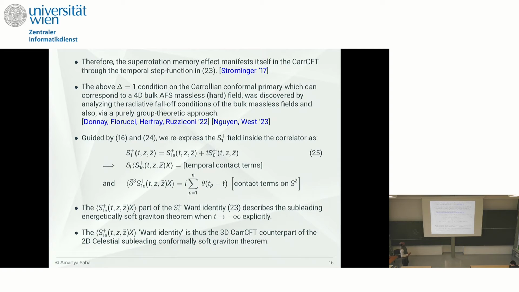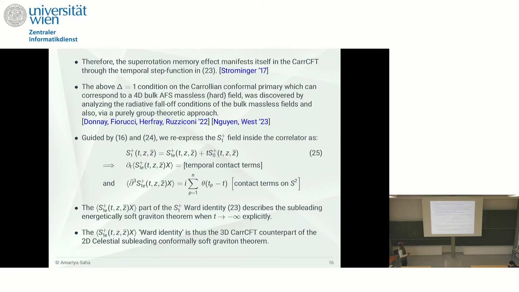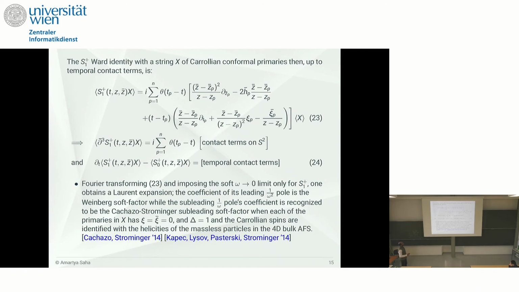Since we have reached the super rotation subleading soft theorem from this equation, it seems that this theta function is really telling us about the super rotation memory effect in equation 23.